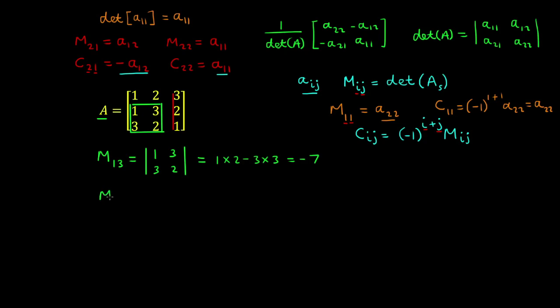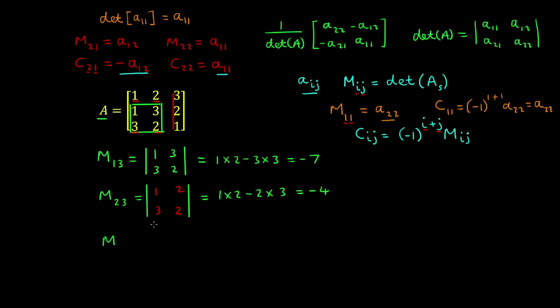And similarly, the minor of the entry in row 2 column 3 is the determinant of the submatrix with row 2 and column 3 removed. So that leaves this submatrix with the following entries, being 1, 2, 3, 2. So the determinant of this submatrix is 1 by 2 minus 2 by 3, which is minus 4.